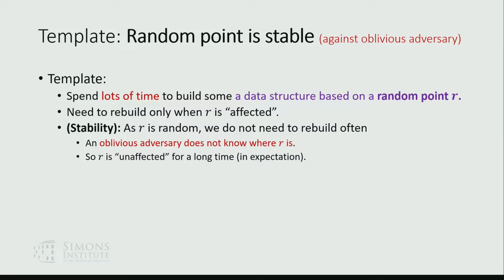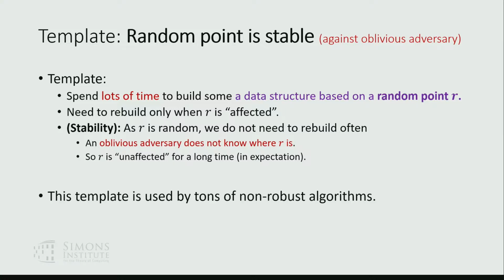That's why you don't need to rebuild your data structure too often. And this template has been used by many other algorithms: maximal matching, spanner, maximal independent set, and many others.